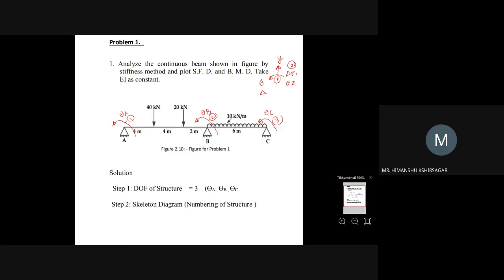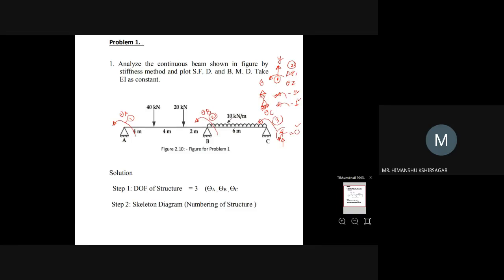In the case of a hinge support, there will be only one possible displacement, in the rotation direction. Also in the case of a roller support, the possible degree of freedom will be 1 in the Z direction. But in the case of a fixed support, the degree of freedom will be 0, because a fixed support is restrained along Y and also along Z. You have to keep this in mind in the case of a beam. For hinge and roller, rotational displacement is possible.